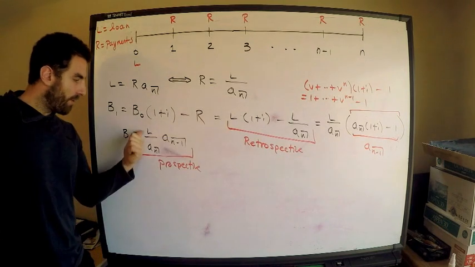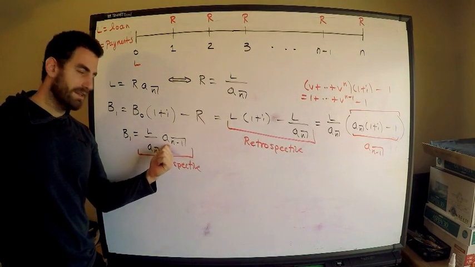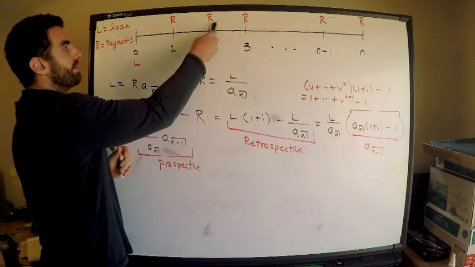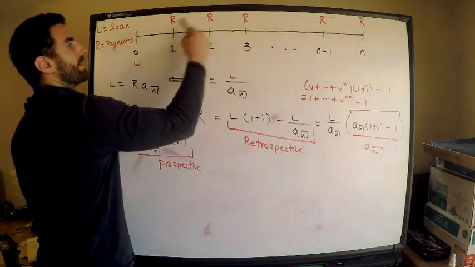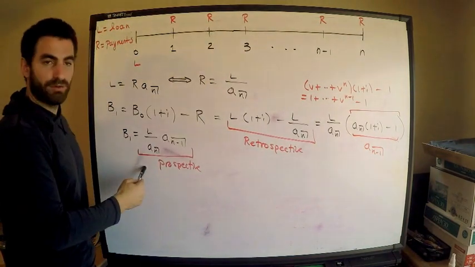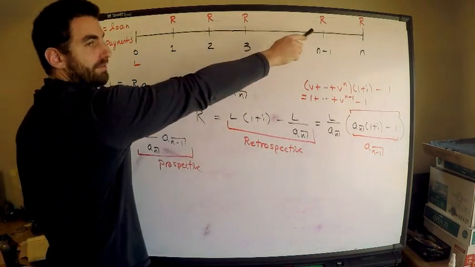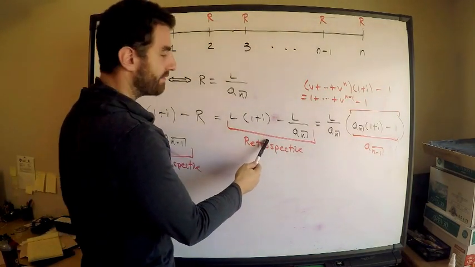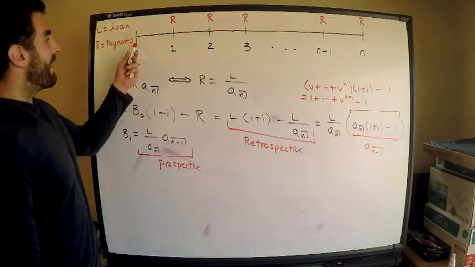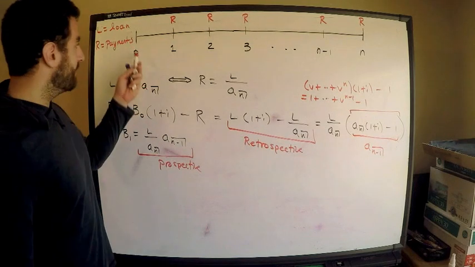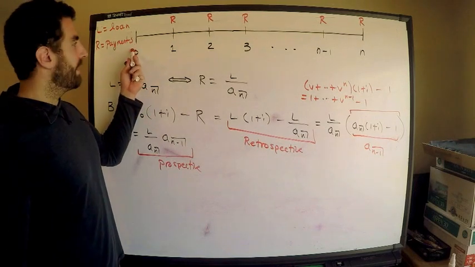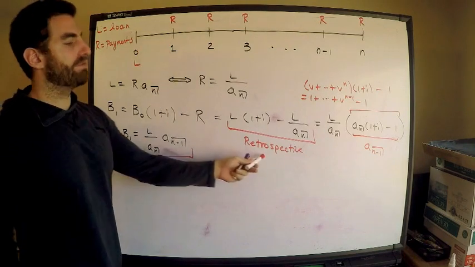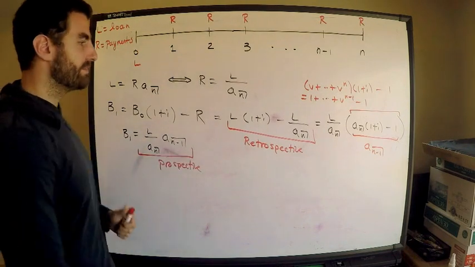So I'm going to take all my payments, an annuity immediate of n minus 1 payments, and take all of these back to year 1. That's why this is prospective, because I'm using the payments in the future. Prospective, using the future. Retrospective, using the past, because look what I did. I took the balance at year 0, which is the loan, I accumulated it, and then I subtracted that payment. So I'm using the past here. That's why it's retrospective. I hope that makes sense.